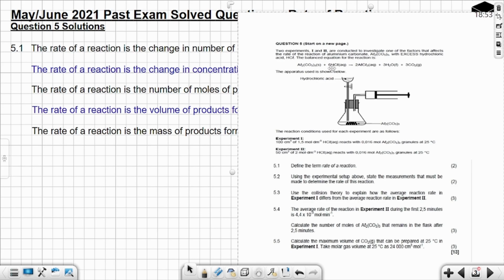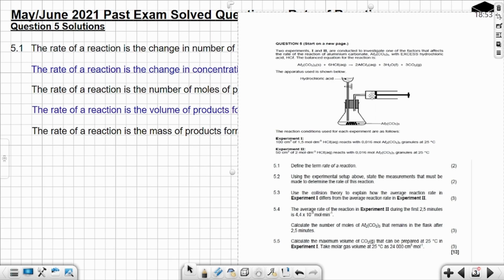When you look at the equation, you can see you have carbon dioxide, the gas. So when the reaction is proceeding, carbon dioxide is being released, and the carbon dioxide is collected in the syringe there.